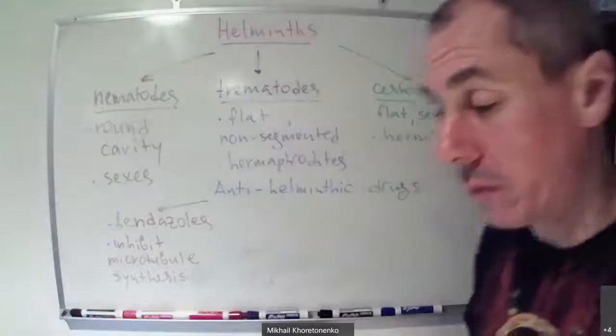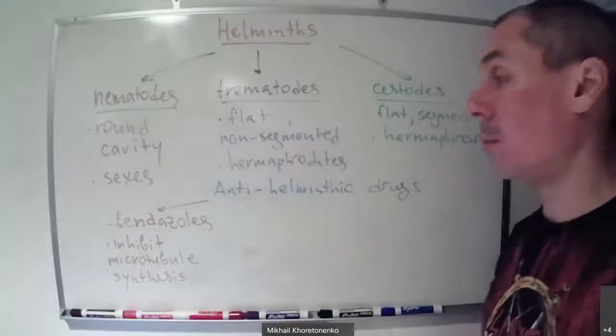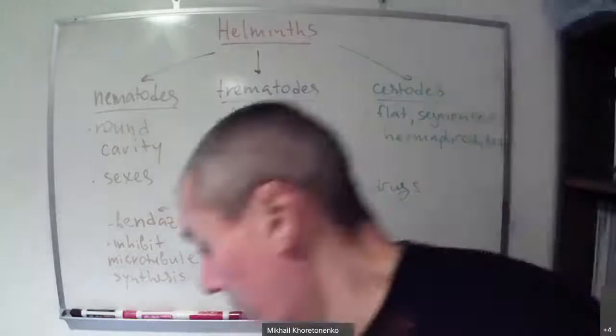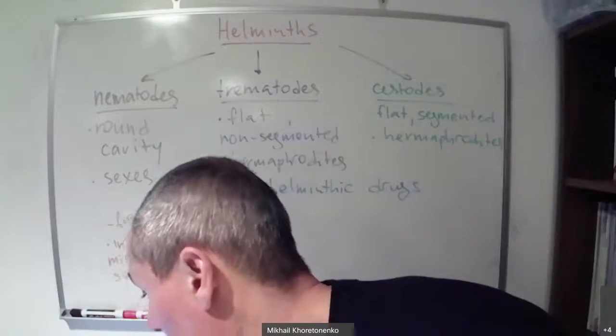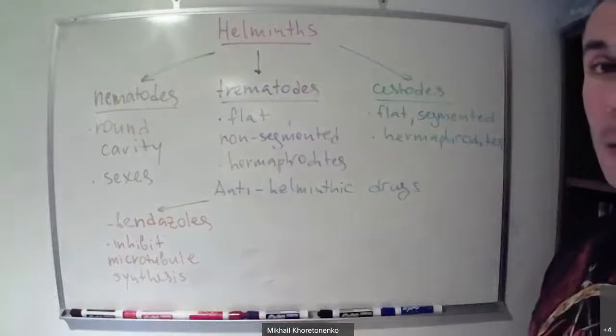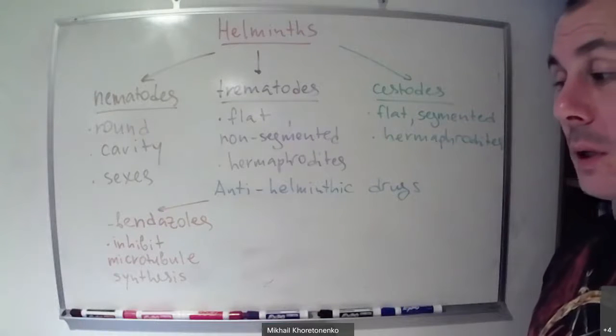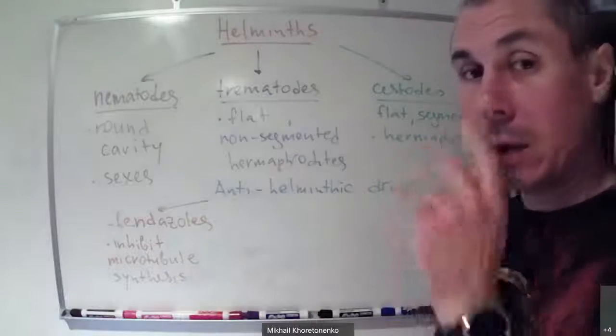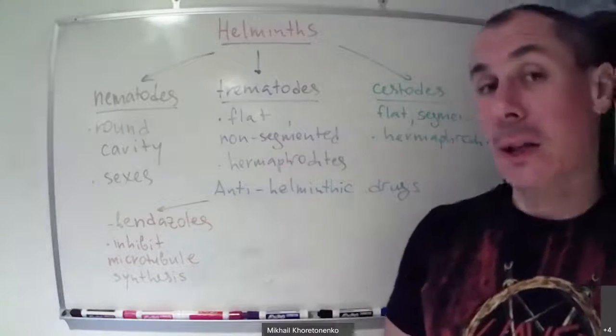As you can imagine, one of the major challenges in treating helminthic infestations is, first of all, the fact that helminths are eukaryotes, so you have to have something that affects specifically helminths but not humans, and the fact that you cannot target reproduction.